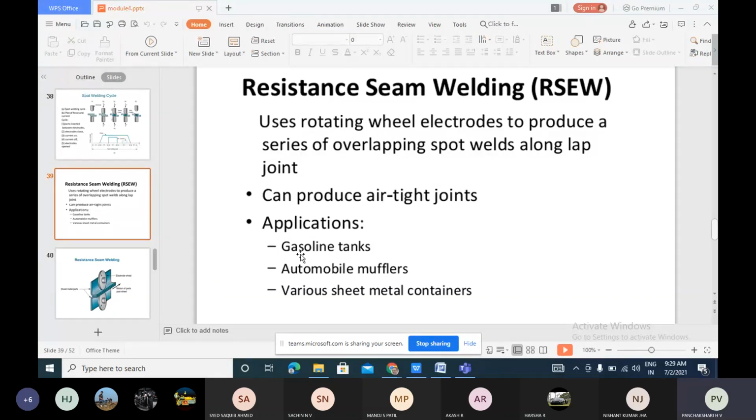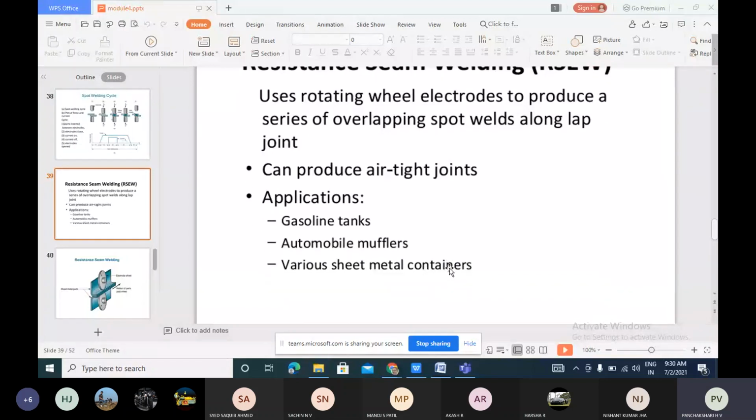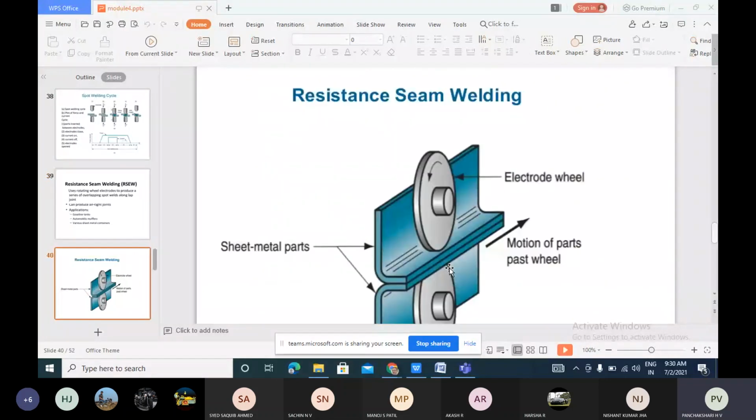Gasoline tanks, automobile mufflers, various sheet metal containers, totally wherever sheet metal operations need a leak proof joint without leaking, in all such cases like gasoline tanks, automobile mufflers, etc. They are used. So one example of how it can be done. Next slide we will see how the joint is produced.